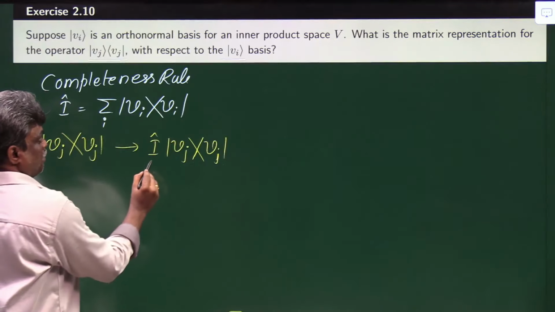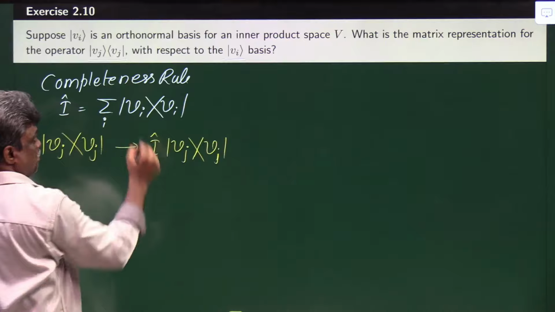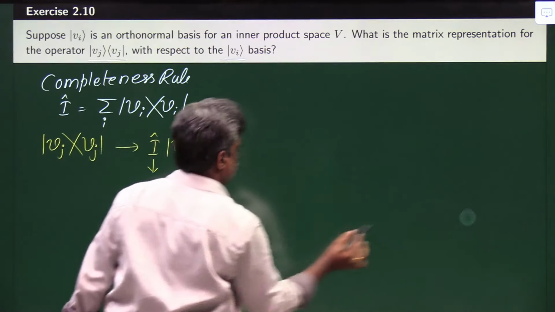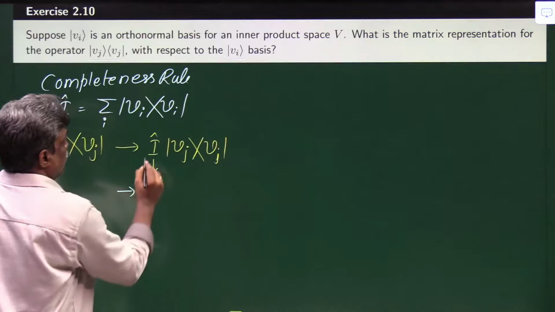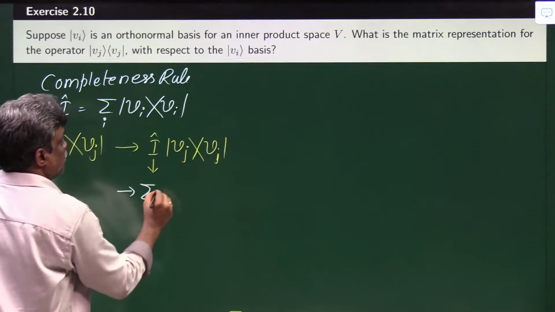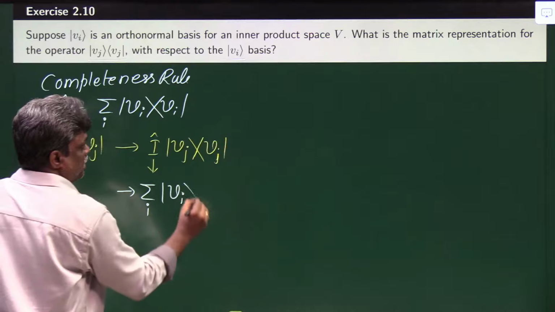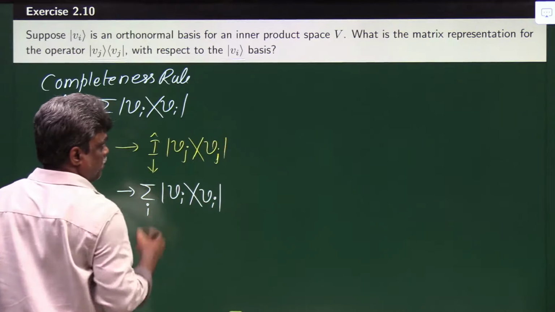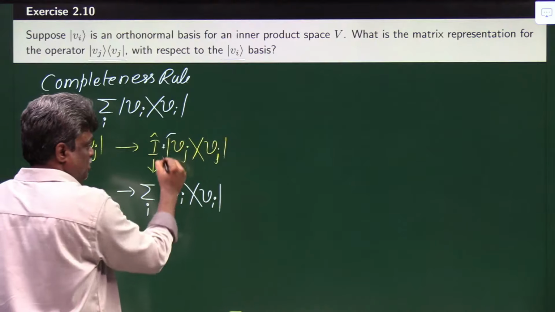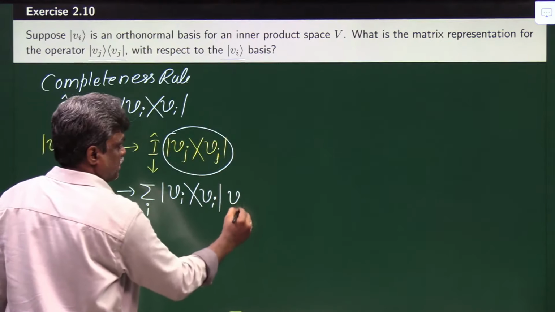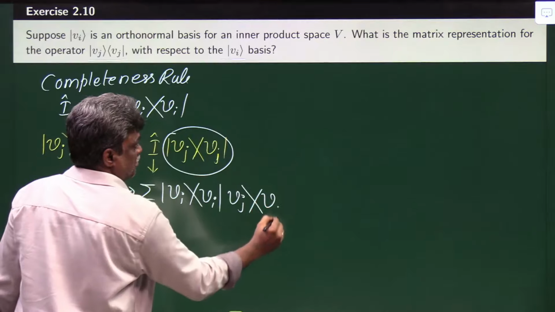Now I'm going to replace this I with this completeness rule, which is summation over i, the outer product |vi⟩⟨vi|, and the rest of the things as it is. Just write this as it is. Don't get tension, as it is.